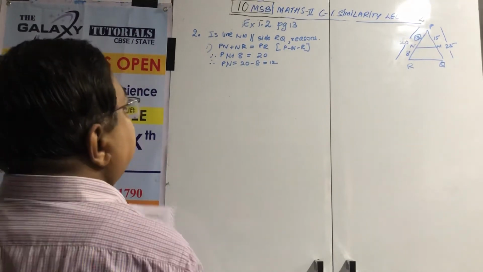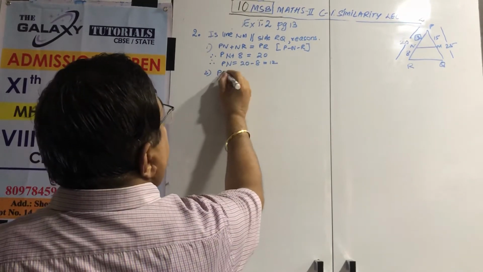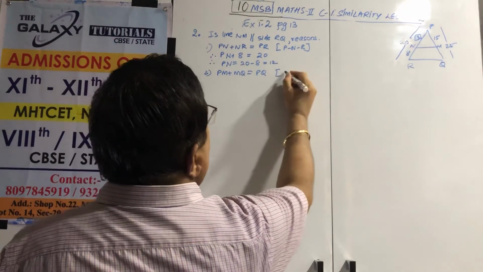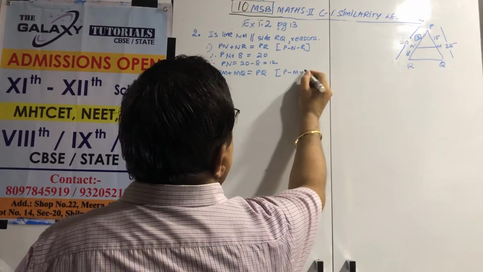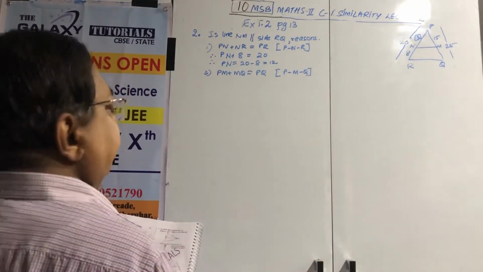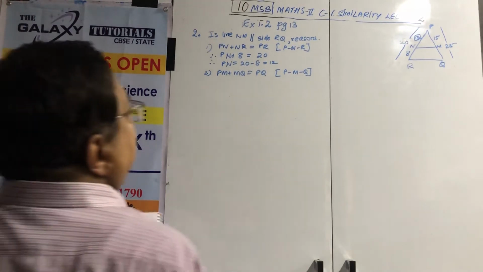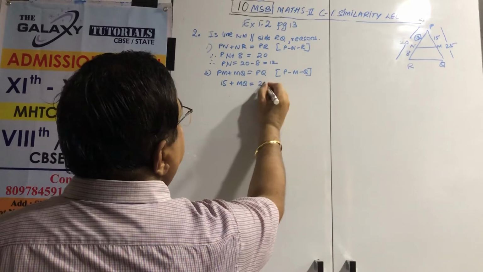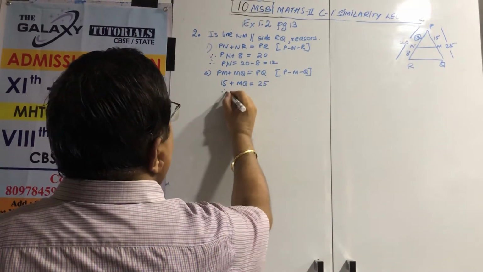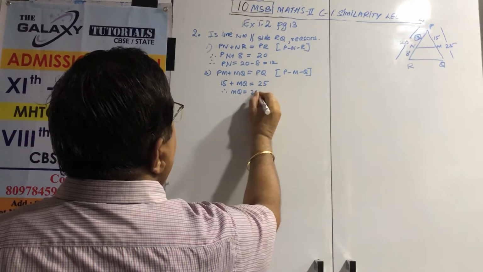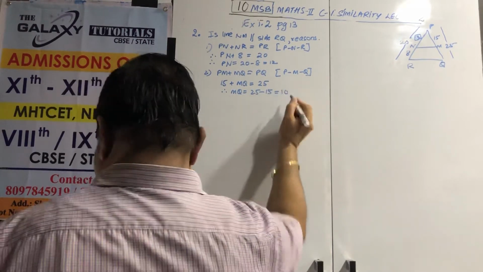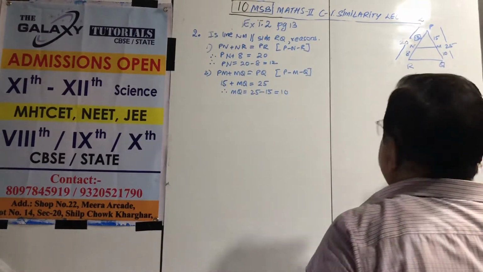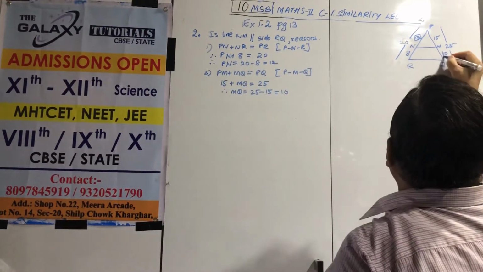Similarly, we'll move to the other side. Second, PM plus MQ is equal to PQ, because M lies between P and Q on the line. PM is 15 and PQ is 25. Therefore MQ is 25 minus 15, that is 10. So I have found MQ is equal to 10.